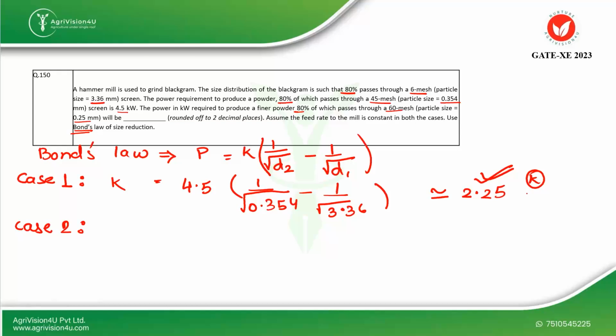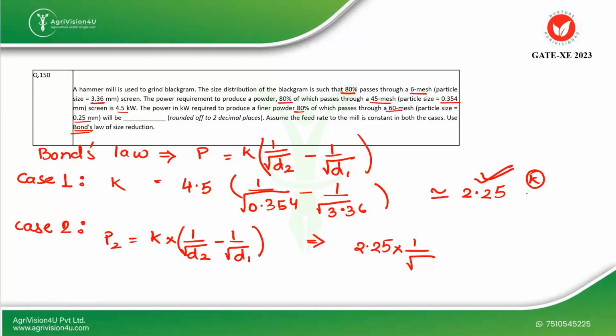So over here P2 is K into (1 by root over D2 minus 1 by root over D1). So K is 2.25, which we have calculated.